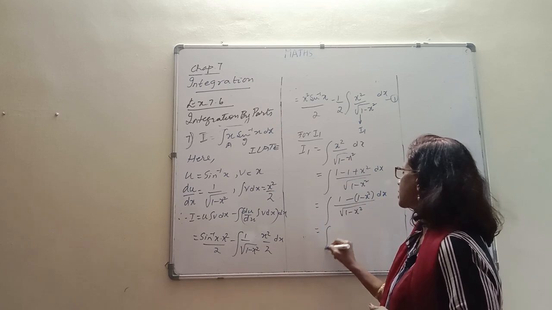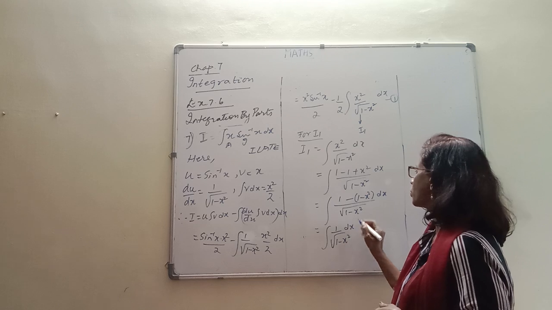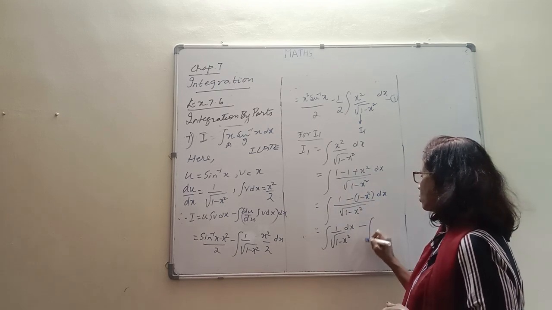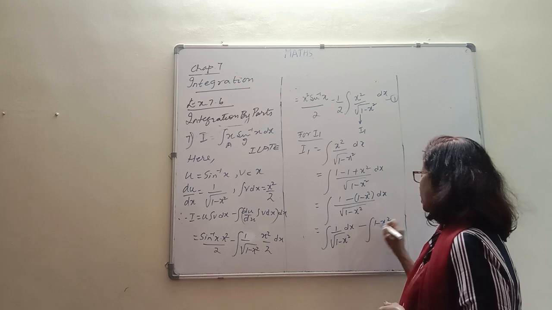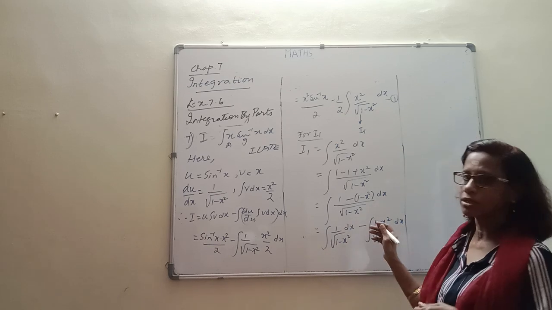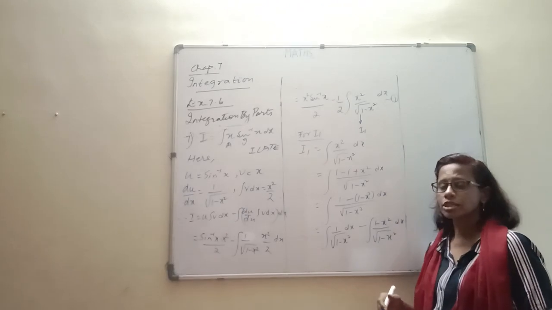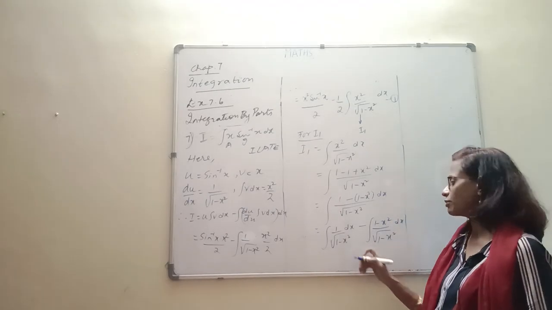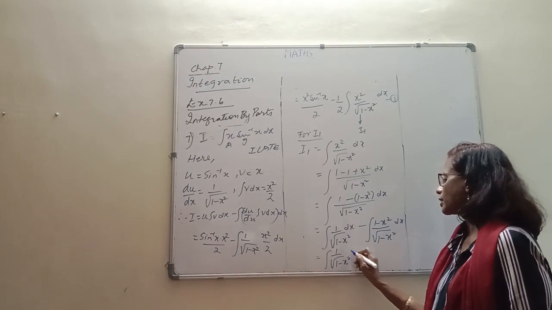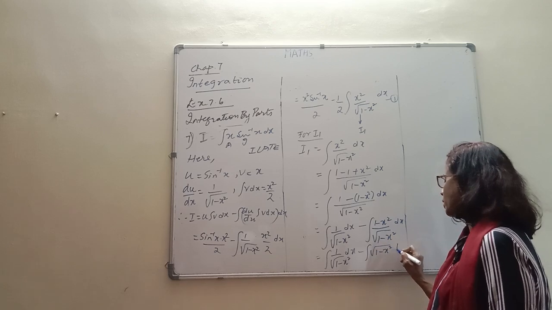So that makes this the integral of 1 over root of 1 minus x squared. We have separated this term. Now let's separate this term, the integral of 1 minus x squared over root of 1 minus x squared dx. It's the same term, root in the denominator and no root in the numerator, so it's like a over root a kind of a thing. So that can be simplified, and the simplification is root of 1 minus x squared dx.